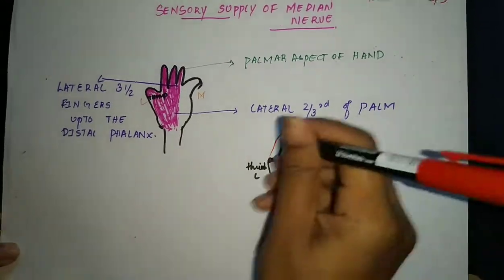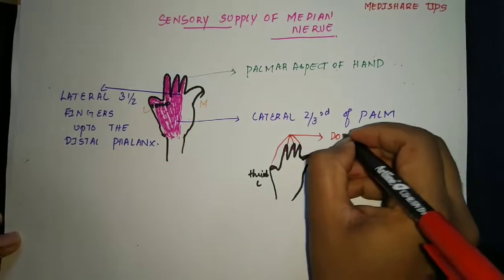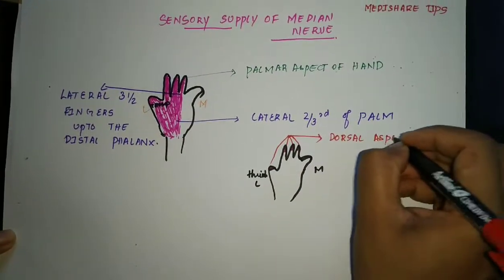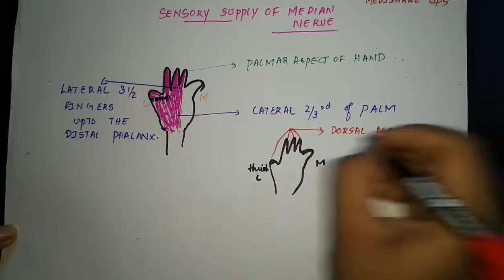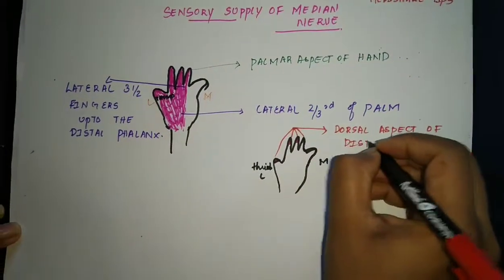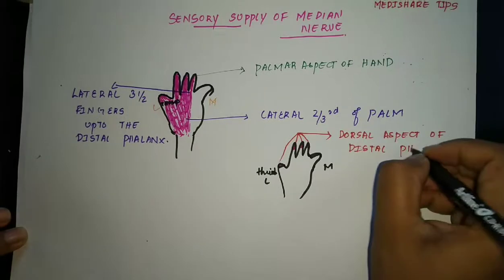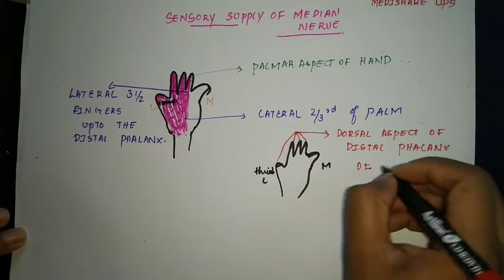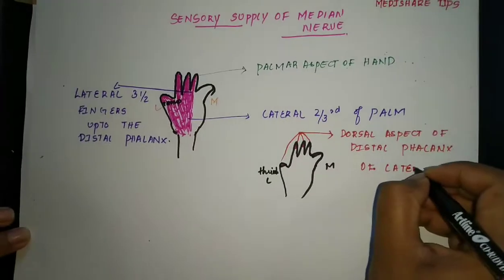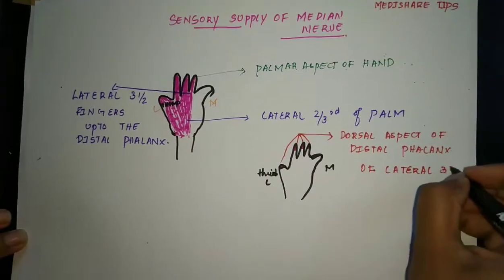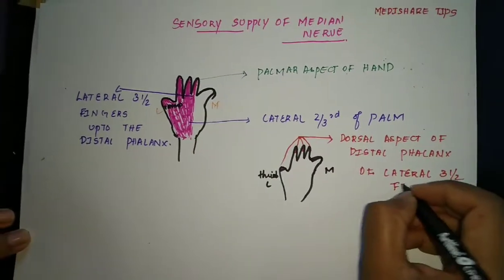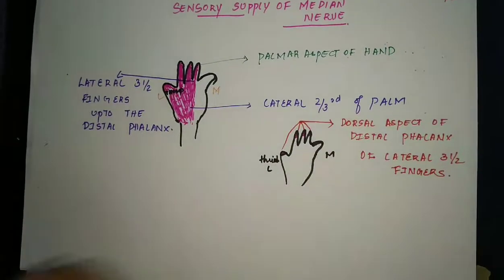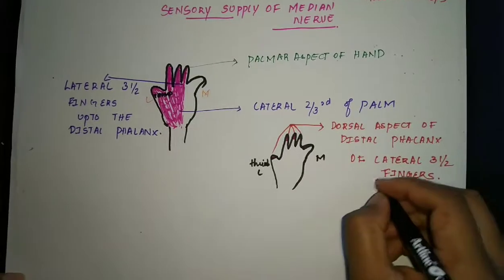That is the dorsal aspect of the distal phalanx of the lateral 3.5 fingers. This is being supplied by the median nerve.